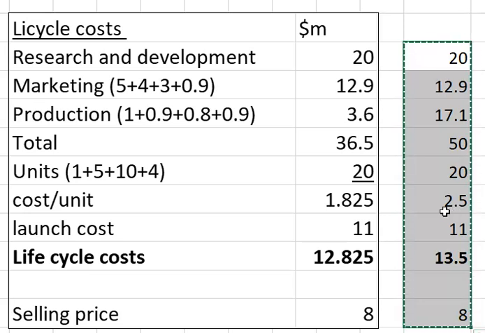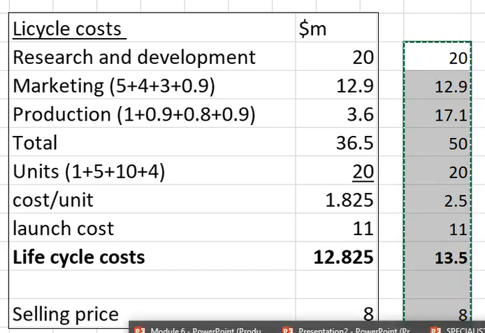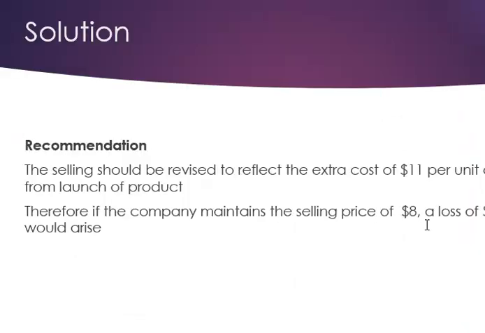So it was better to sell at 8. However, after including the launch cost, the cost now is greater. It's higher than the profit now. So therefore, if the company maintains the same price of 8, a loss of 4.83 would arise. Okay. So that's how we're going to answer the question.